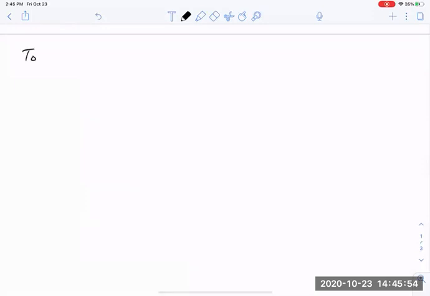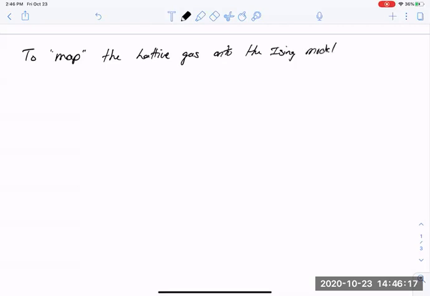So to map the lattice gas onto the Ising model, we recognize that the lattice gas has occupancy variables, 0 or 1. The Ising model has spin variables, plus or minus 1.